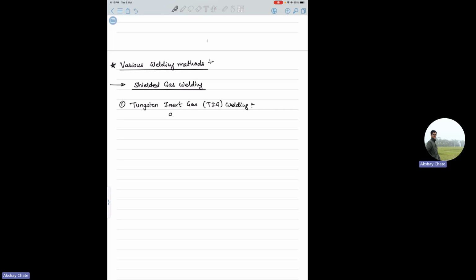Okay, or it is also called as gas tungsten arc welding. So in some questions or in some books, you will see this acronym GTAW. Okay, so they are talking about one and the same thing. Okay, so TIG or GTAW.